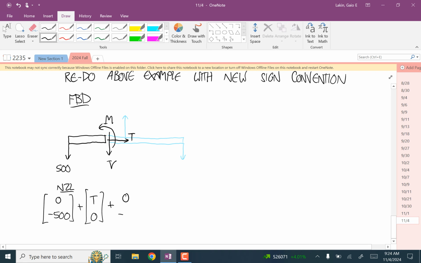So exactly, 0, negative V now. Does everyone follow what I'm talking about there? It's a unit vector that you're multiplying by a value. And then this is equal to zeros.